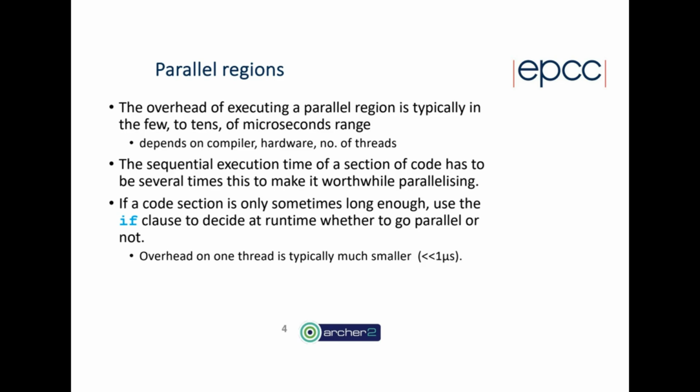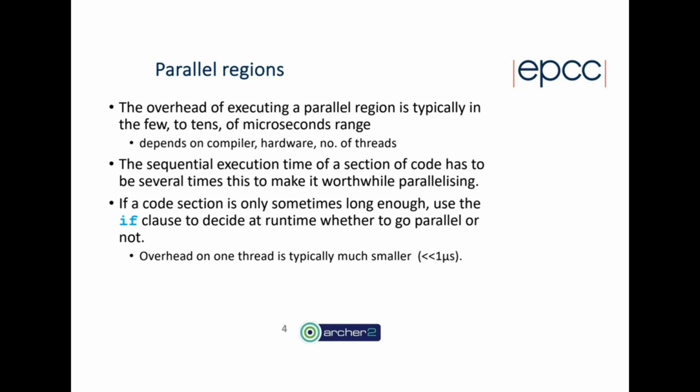So that's quite small, but it's not nothing. If you have fairly highly optimized code, you can do quite a lot of floating point operations, for example, in 10 microseconds.